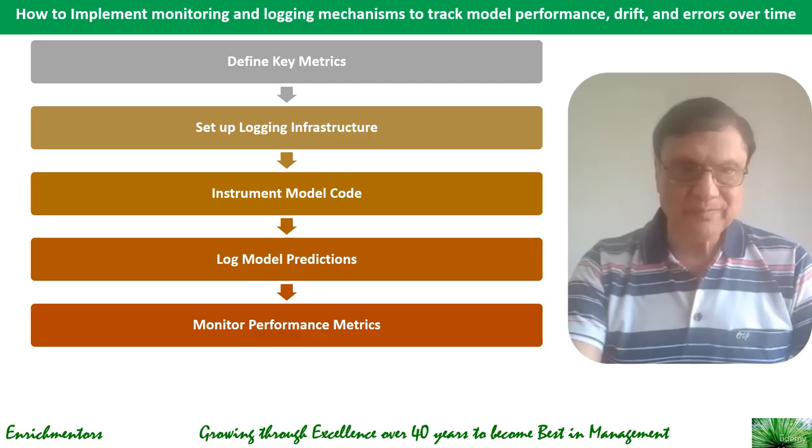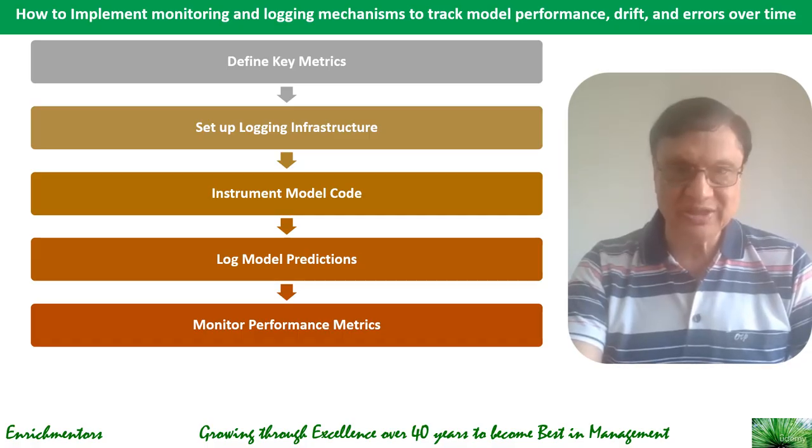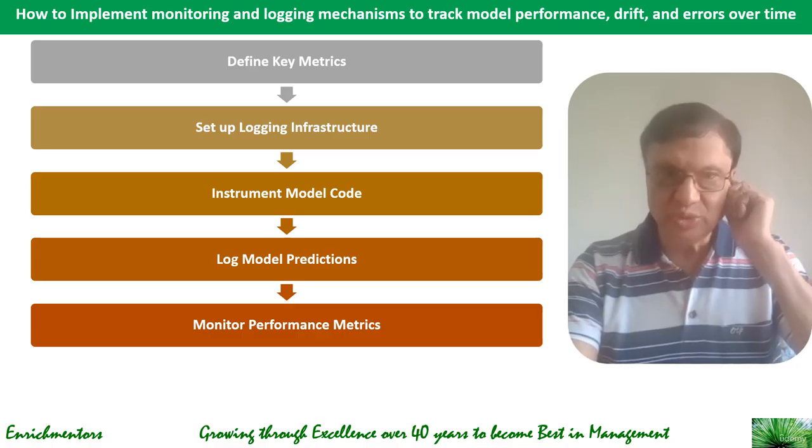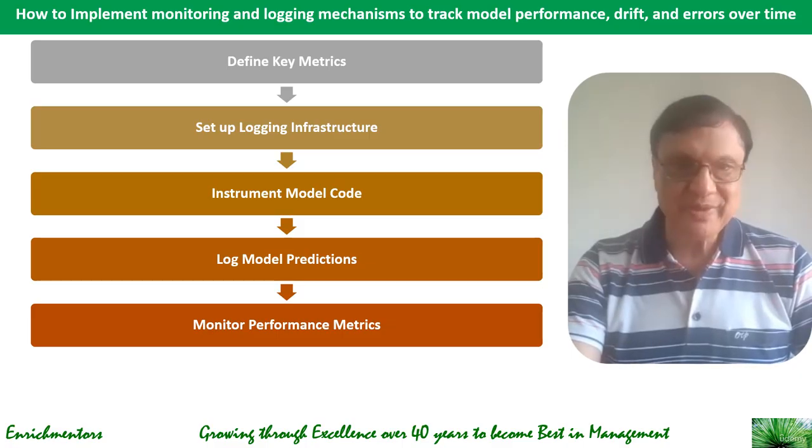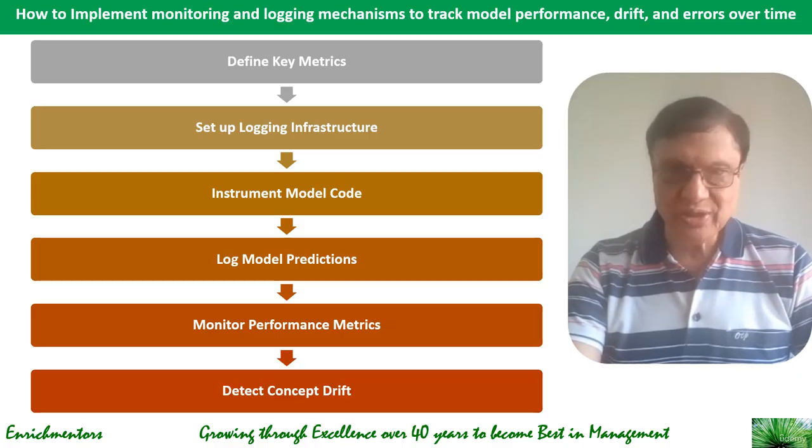Then you monitor performance metrics continuously for the deployed model, especially for the metrics logged by the deployed model to detect changes or anomalies. And you set up alerting mechanisms to notify stakeholders when performance metrics deviate from expected values or thresholds. And also you detect concept shifts, drifts.